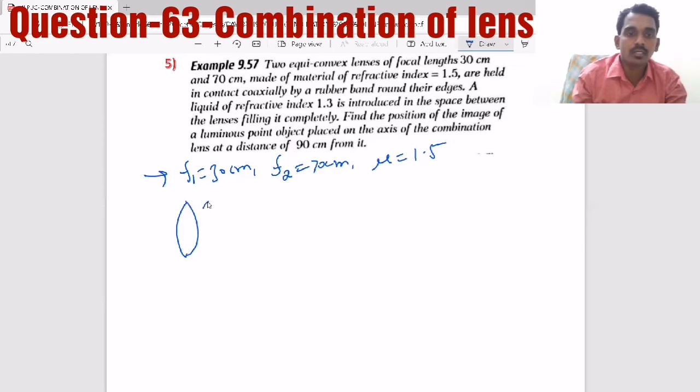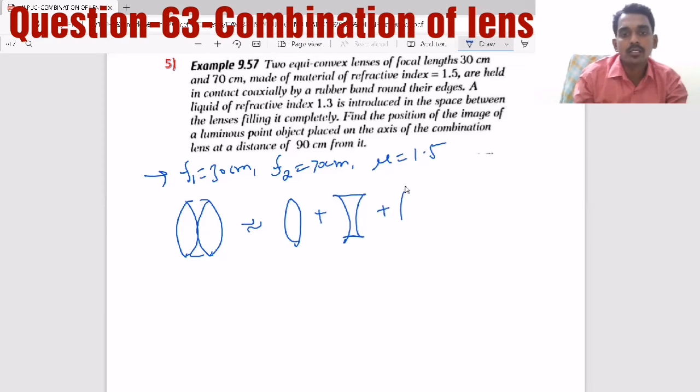So there is one convex lens, there is another convex lens. Now this is completely filled. That means now it will behave like one convex, one concave and one convex. Now f1, f2 they have given. Now f3 we have to find.